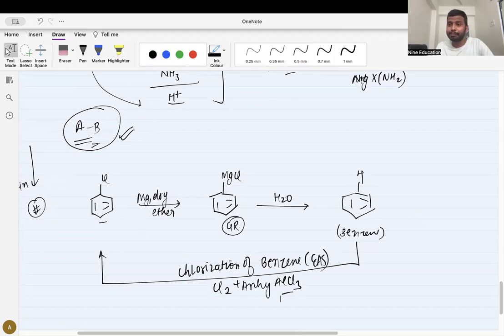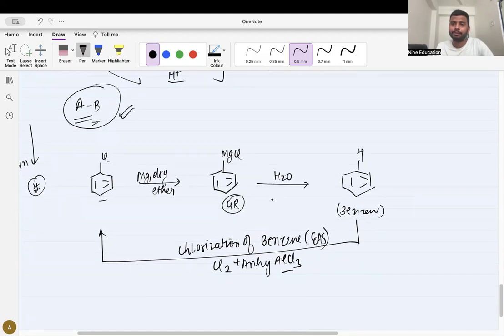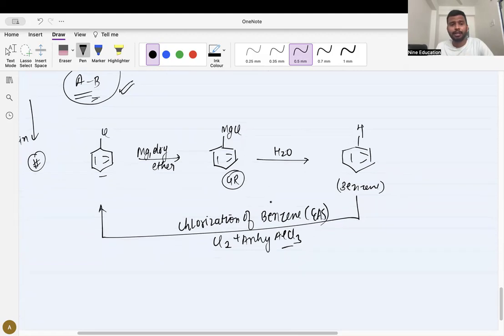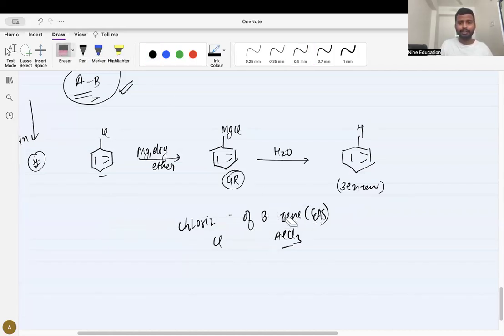But to make benzene back from chlorobenzene, you can make Grignard and put water. Burn it, set it on fire. Understanding or not? Write this better. Write just the upper one. The lower one is part of chlorination.